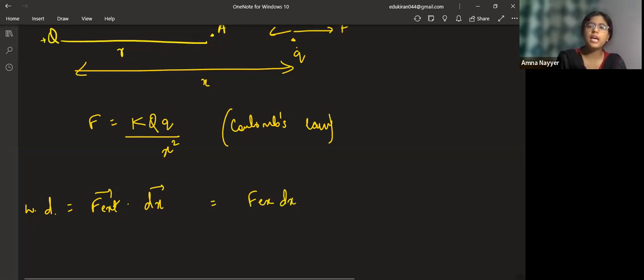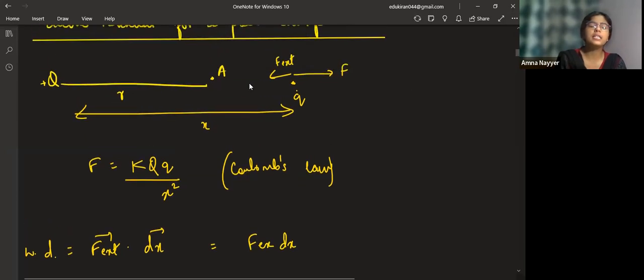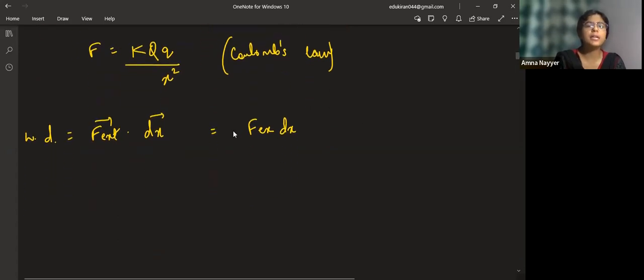But this displacement is occurring in one direction, towards the right side, and the force is in the left-hand side. So their angle is 180 degrees and cos 180 will become -1. That's why this is minus.